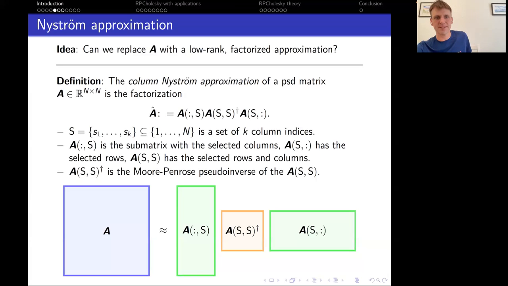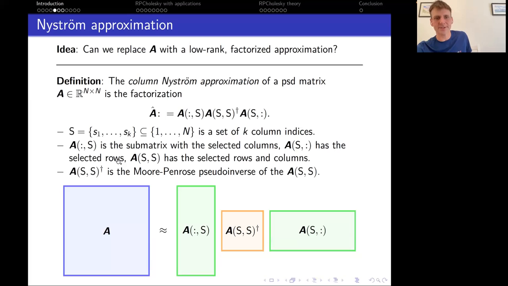It's defined for a PSD matrix A as an approximate factorization where you multiply A colon S by A SS dagger, A S colon. And here I'm using MATLAB notation, where S is just some set of indices from 1 through n, and there's k of them. A colon S means you're picking out the submatrix with those selected columns.